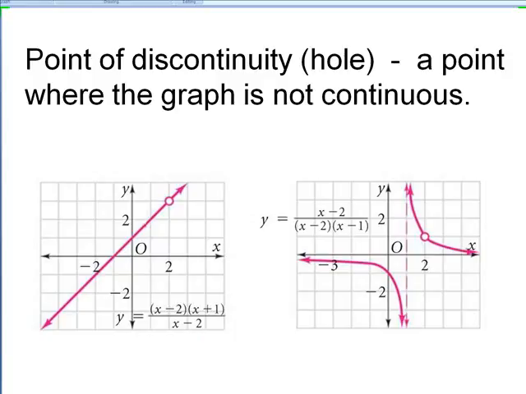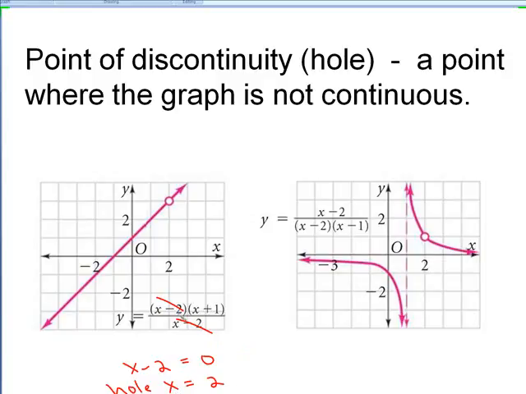You notice here that the x minus 2 factors cancel out. For the factors that cancel out, just think, when will they make 0? Set them equal to 0. When is x minus 2 going to equal 0? When x is equal to 2. So you know that you have a hole at x equals 2.